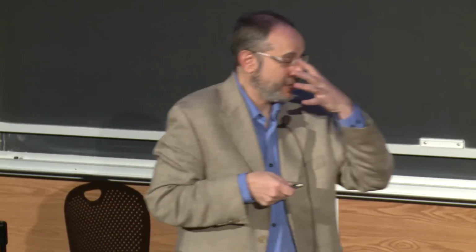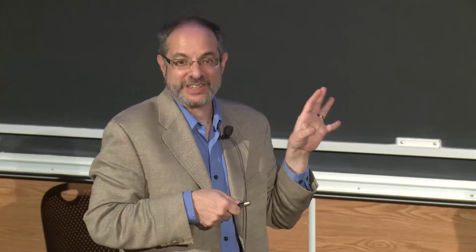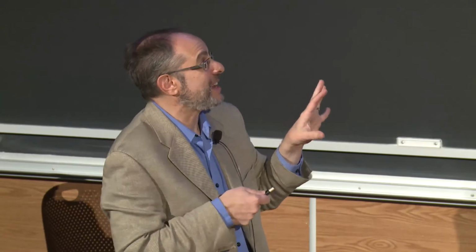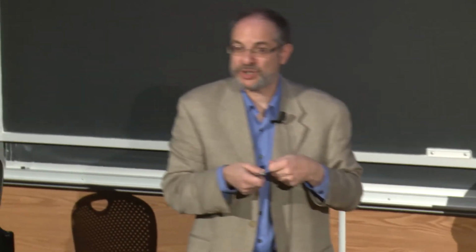So basically, not only did they see a signal, but in fact they were able to verify that this is exactly the signal that you would detect from 2 black holes spiraling in and merging with each other.